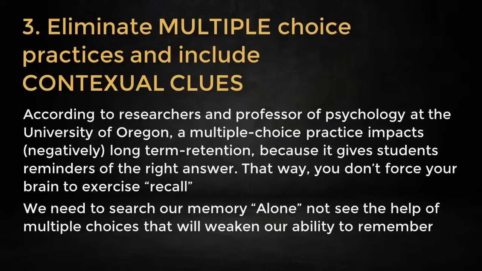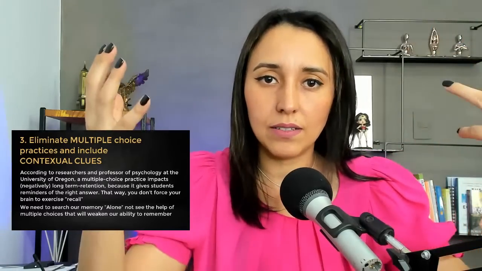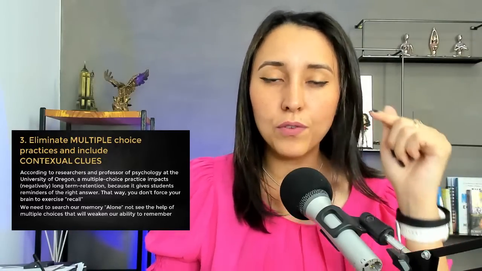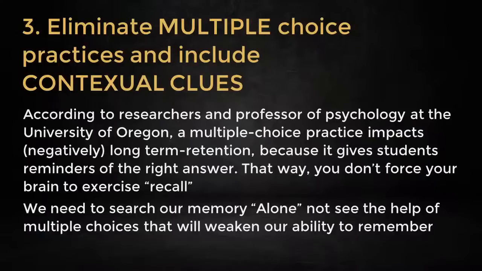We need to search our memory alone and not seek the help of multiple choices that will weaken. Weaken is a verb. It's the opposite of strengthen, to make stronger. Weaken is to make weaker, the opposite of strong. So if you use multiple choice activities, you will weaken your ability to remember.